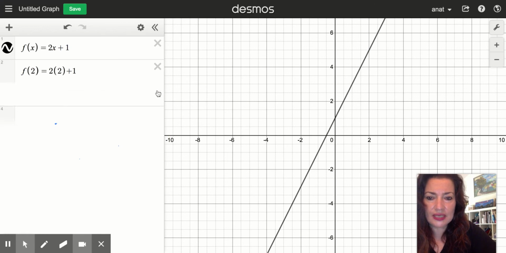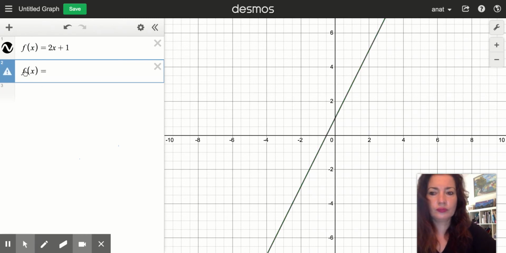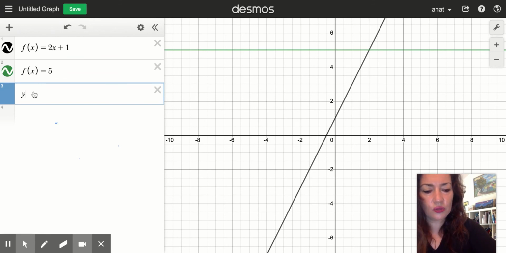What if instead of finding f of 2, we said we want f of x equal to 5. So in this case, we are given the output value first. What is the output value? 5. What does it mean, f of x? Well, f of x is actually the same as y equals 5.